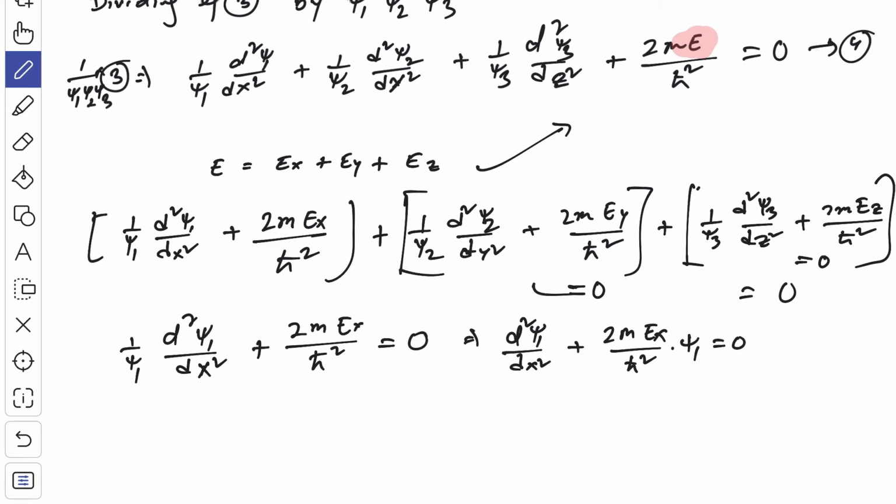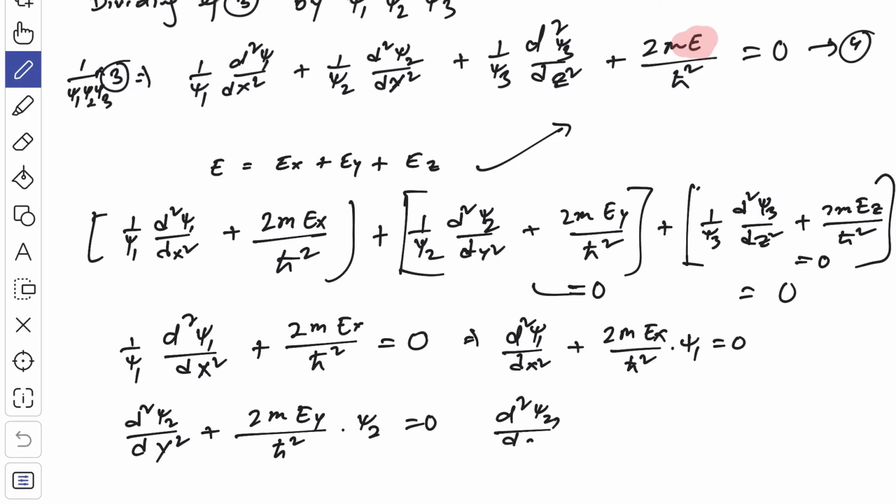Similarly we will get second order derivative of psi 2 with respect to y, not x, y, plus twice m Ey by h cut square into psi 2 is equal to 0, and this is the last equation that we will get, plus twice m Ez by h cut square psi 3, that's equal to 0.